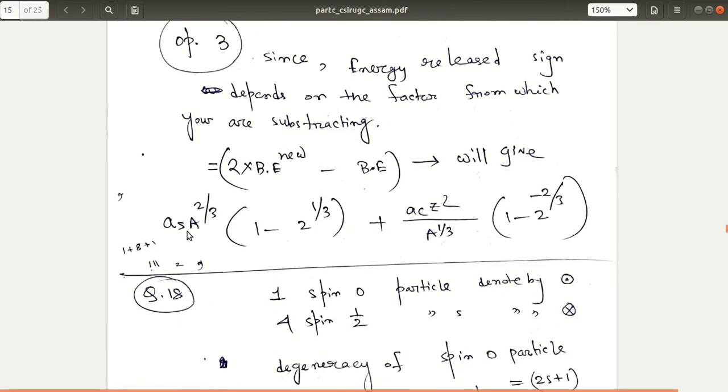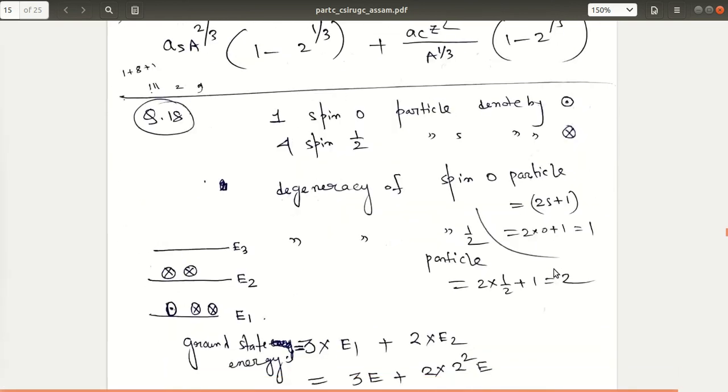So it will be a_s A to the power 2/3 times (2 to the power 1/3 minus 1) plus a_c Z squared A to the power minus 1/3 times (1 minus 2 to the power minus 2/3), right? Okay.